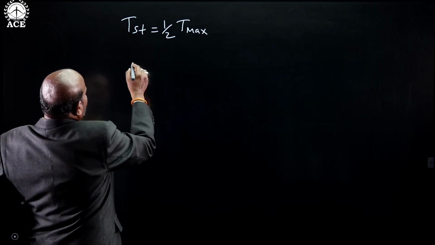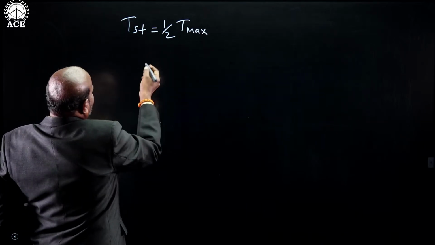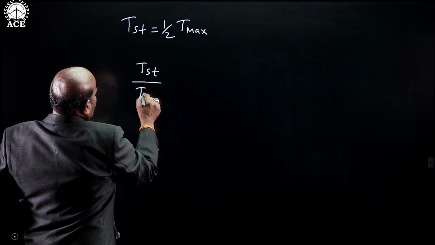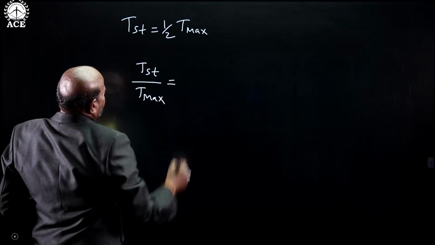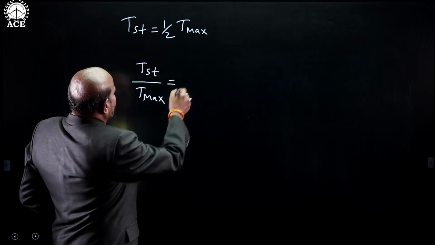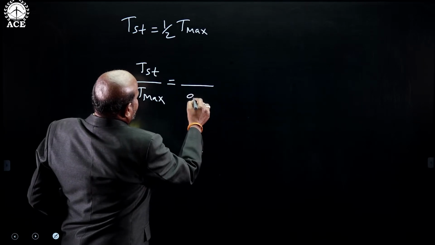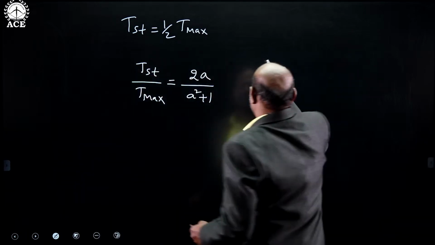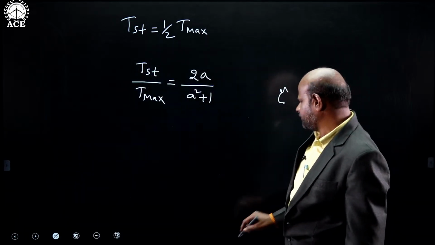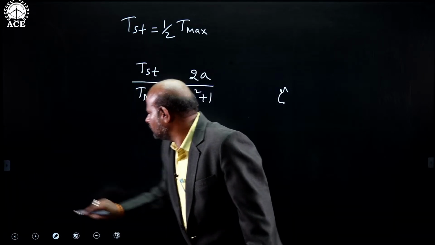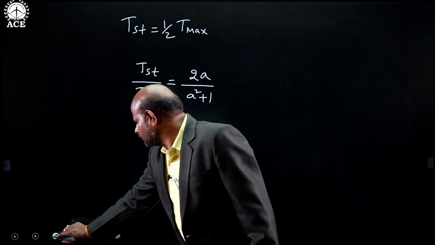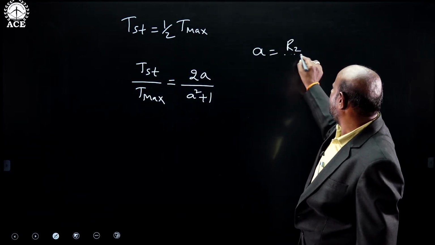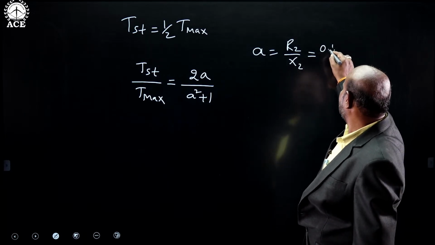We know that already the ratio of starting torque to maximum torque is 2a by a square plus 1, where a is R2 by X2, 0.5 by 5.